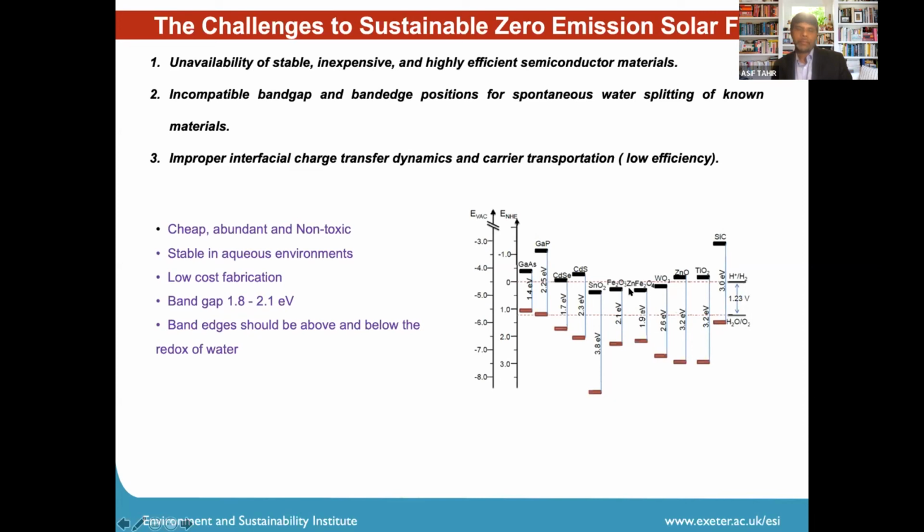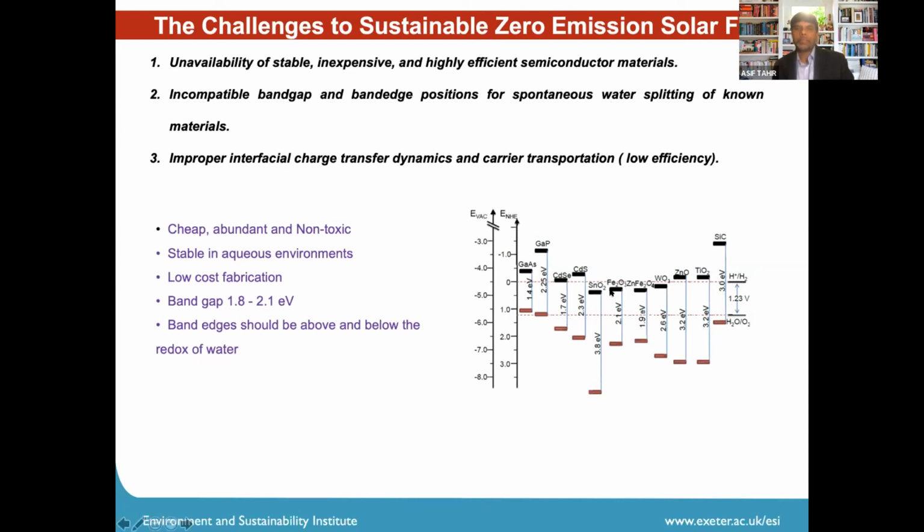However, next come the band edge positions. After the band gap, we have the band edge positions, where the valence band and conduction band lie. If the band edge positions are not right, for example, in both cases we can see that the conduction band is much lower than the zero on NHE, which is the reduction potential for water or hydrogen evolution potential.